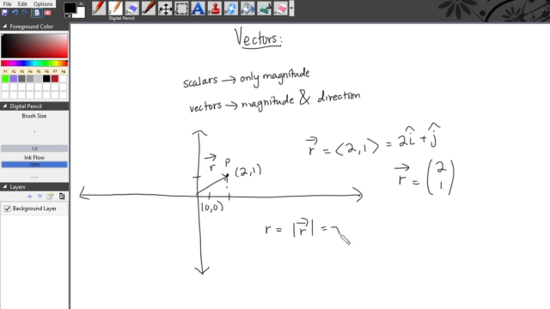Using the Pythagorean theorem, the magnitude of this vector would just be 2 squared plus 1 squared, which is just root 5. And so that is the magnitude, and this is the direction.